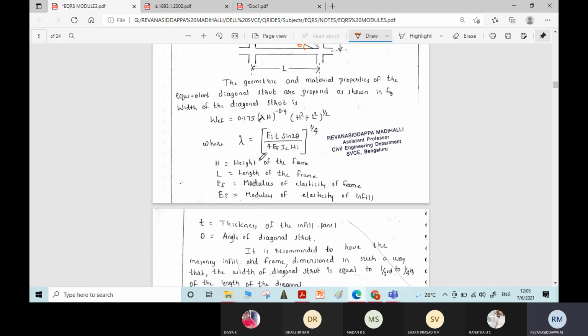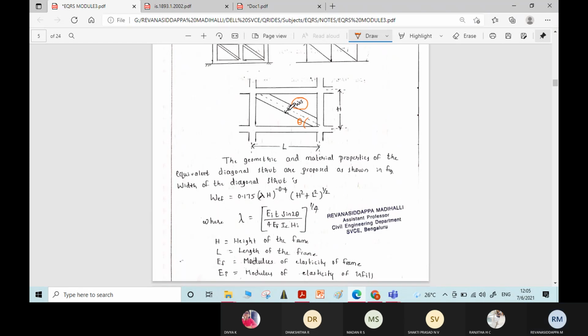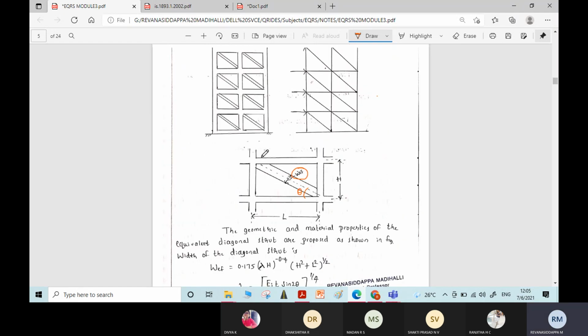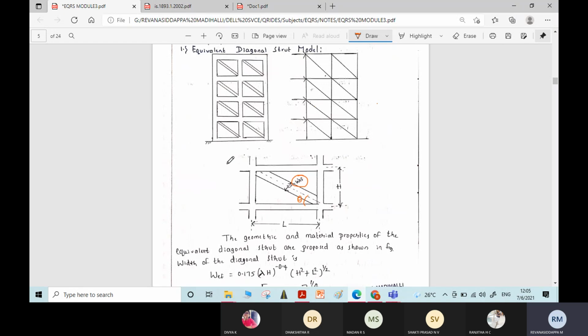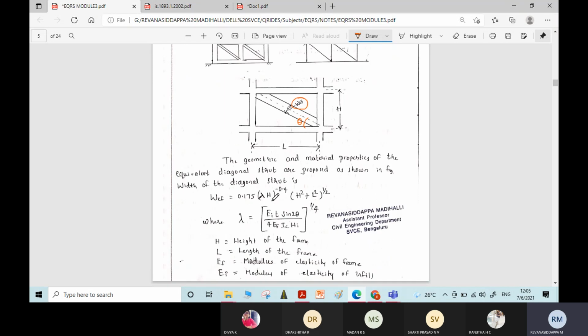Knowing all these things, we will calculate lambda, and using this lambda, we will calculate the equivalent strut having a specified width given by this formula for W_ef. Now what we have done is the masonry infill is converted into an equivalent strut, provided along the diagonal, having a specific width calculated by this formula.